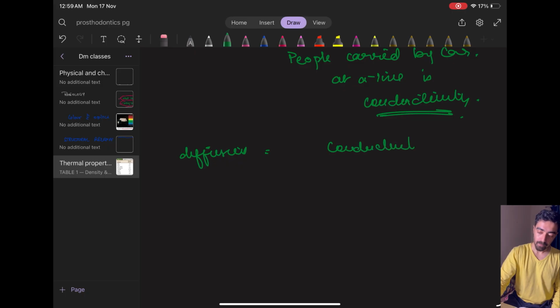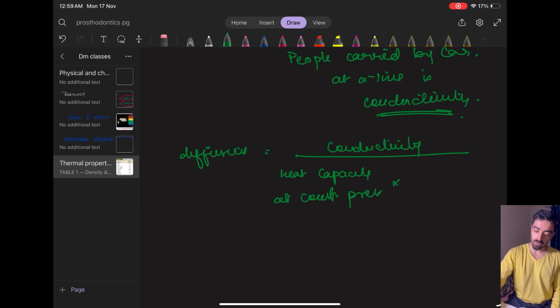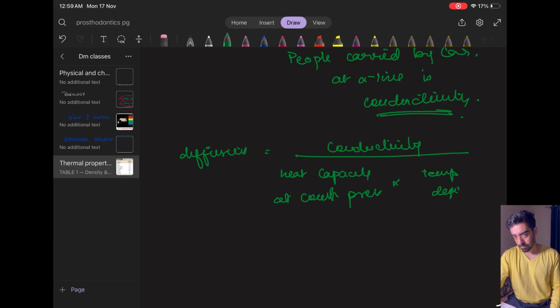Conductivity upon heat capacity at constant pressure into temperature dependent density.